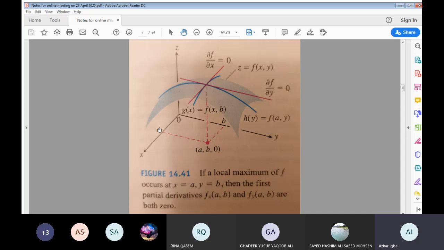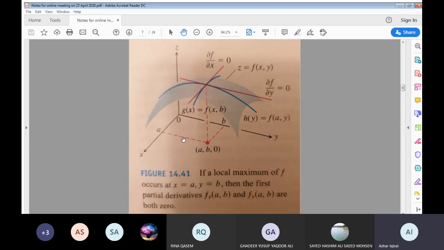The previous plane which we considered, defined by this line and this line, is one for which y remains at a constant value of b, while for this plane, x remains constant at the value of a.